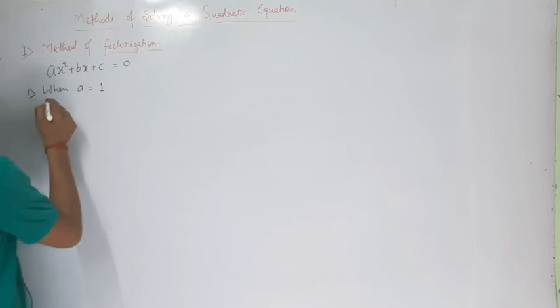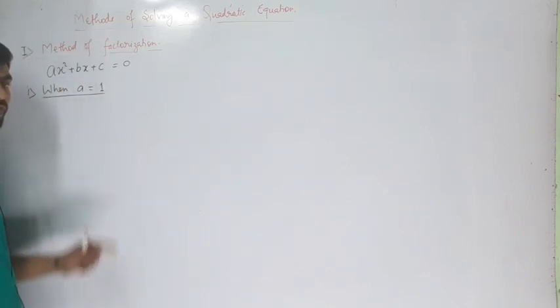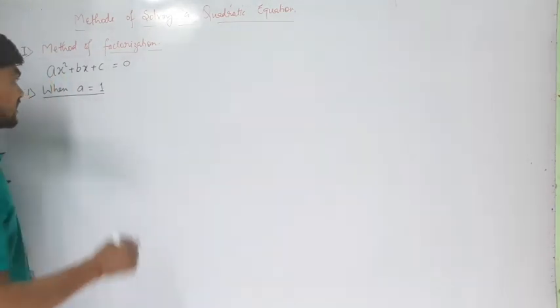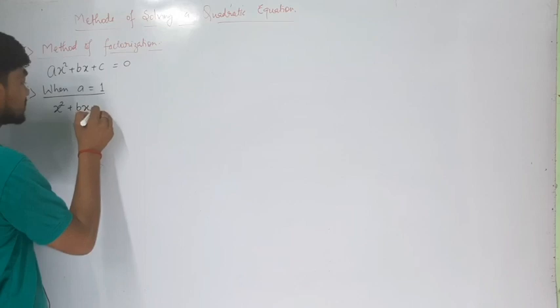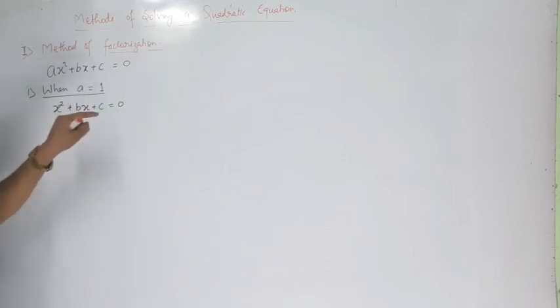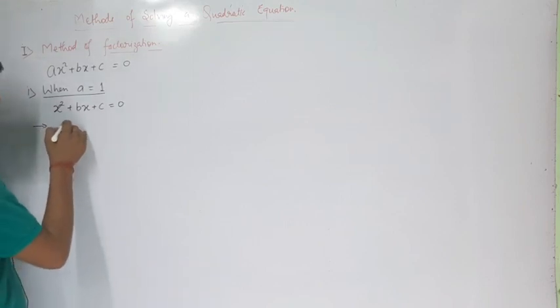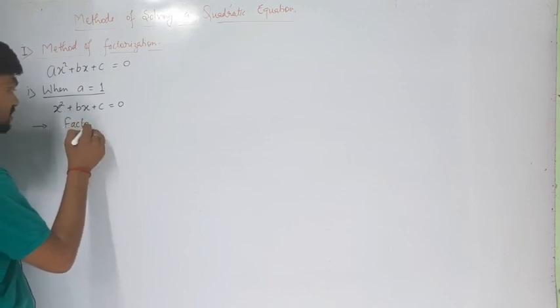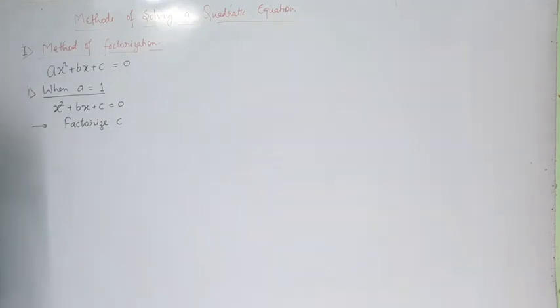Let us see. When a is equal to 1, which means the coefficient of x square is 1, then the equation will be x square plus bx plus c equals 0. If you get such type of equations, then what you have to do, the very first step, factorize c. c means this constant term.